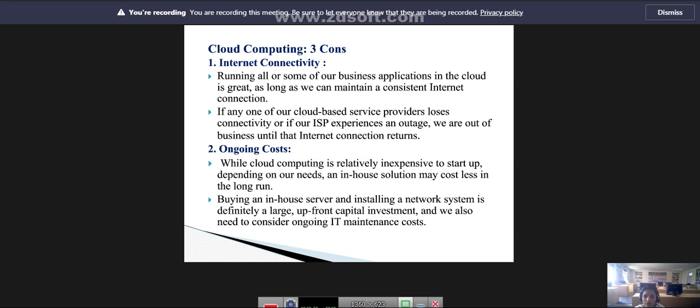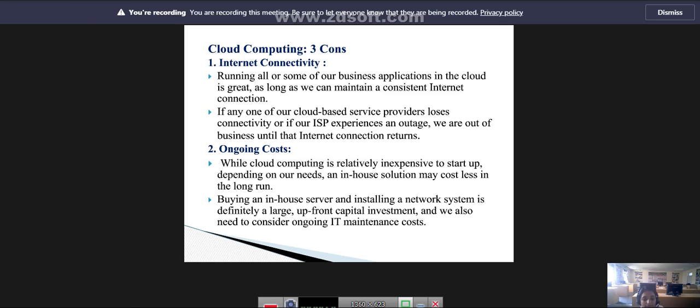Next one is ongoing cost. What is meant by ongoing cost? While cloud computing is relatively inexpensive to start up, depending on our needs, in-house solutions may cost less in the long run. Buying an in-house server and installing a network system is definitely a large upfront capital investment, and we also need to consider ongoing IT maintenance costs. With cloud computing, we pay the same amount each month to maintain not only our server but also all our data.